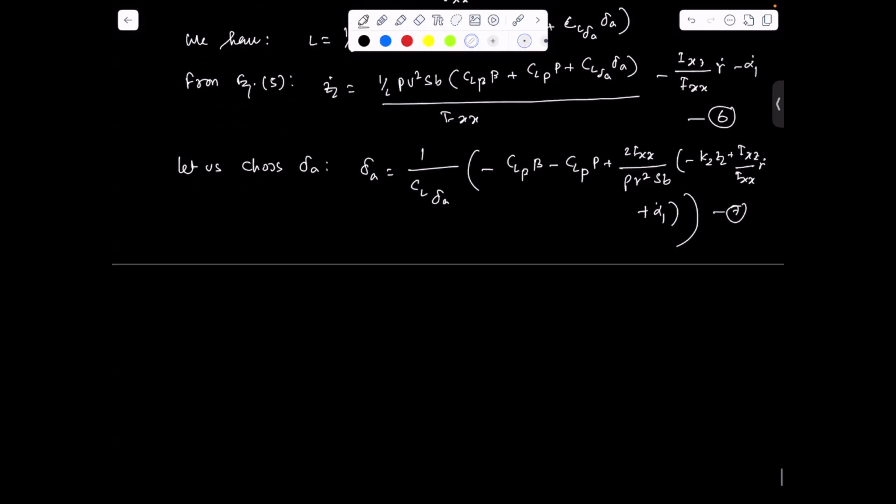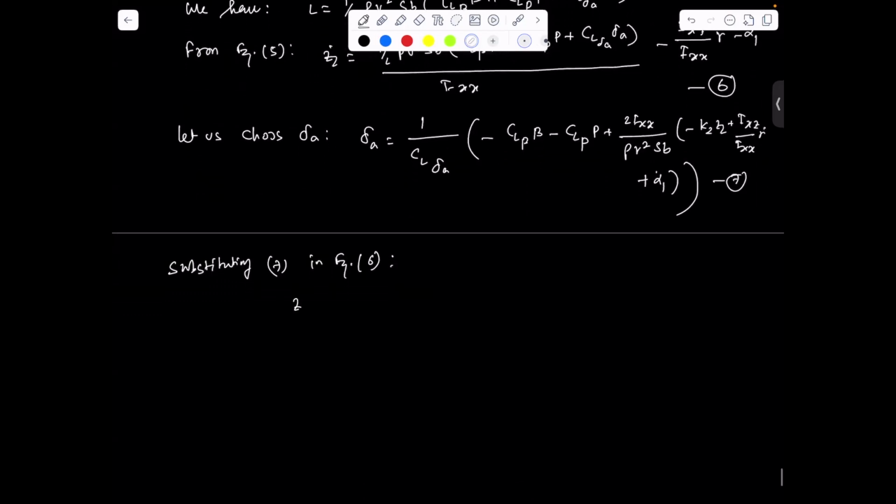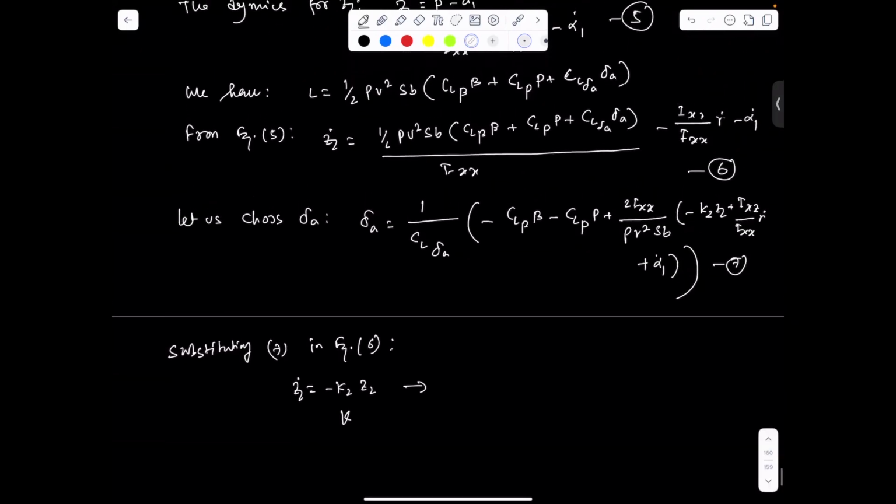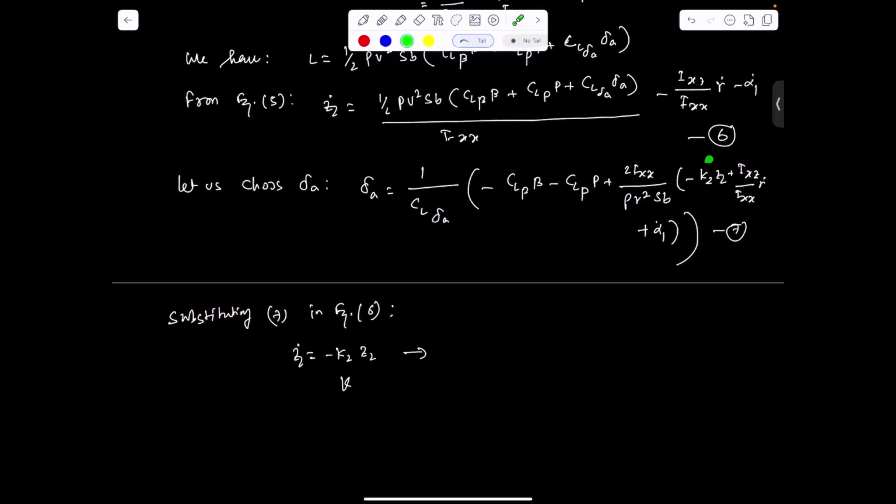And so now substituting 7 in equation 6, we have G2 dot equal to minus K2 G2. And so we have the stable dynamics for this. One thing, here we have introduced a new term, this part, which basically gives this parameter.